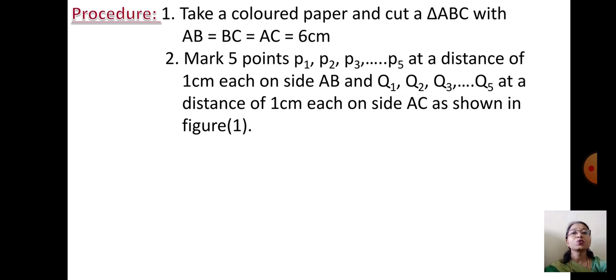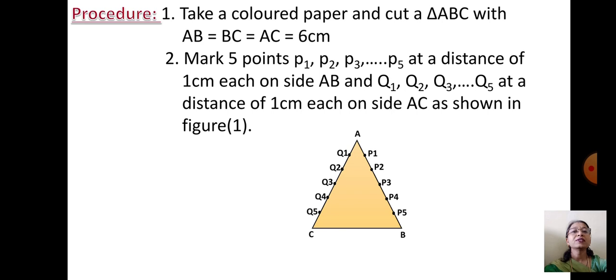Now the first one, you take and mark points P1, P2, P3, P4 and P5 on side AB. You name that equilateral triangle as ABC and you mark these 5 points at equal distance, taking a distance of 1 centimeter each, right?